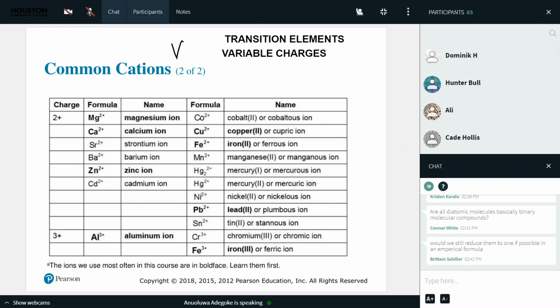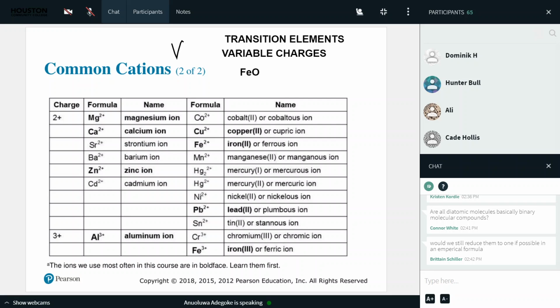For example, we could have iron 2, iron 3, we could have mercury 1, mercury 2. How then do we determine their charges? Let me just give a very popular example: FeO. FeO is an ionic compound, however, it has a transition element there.